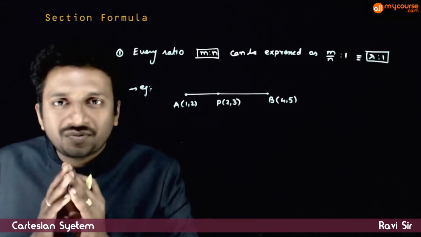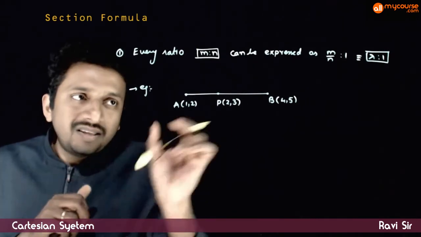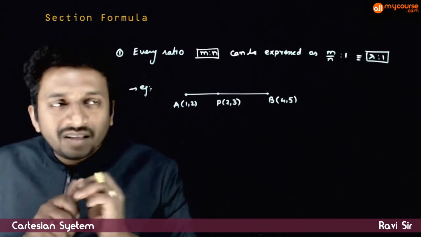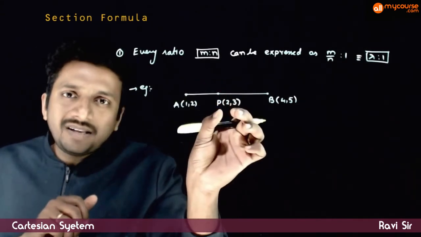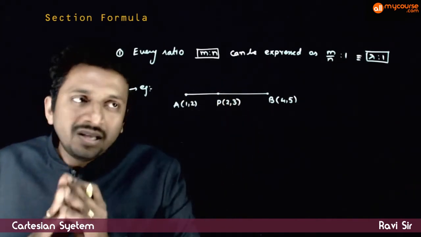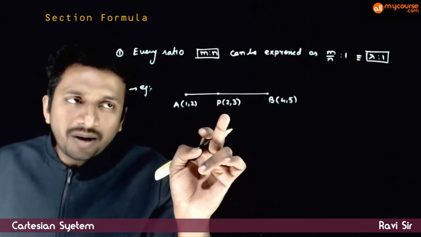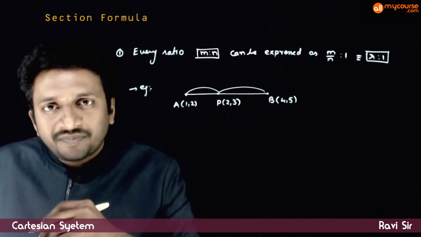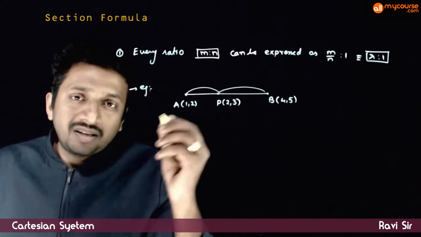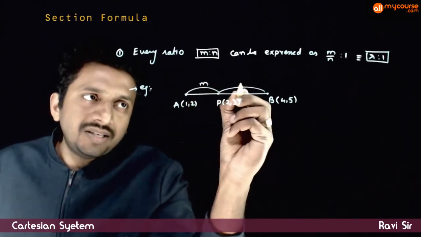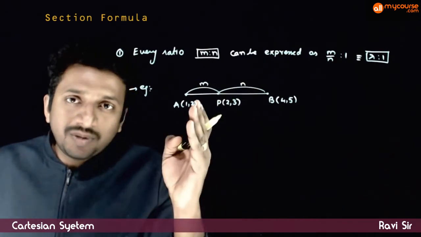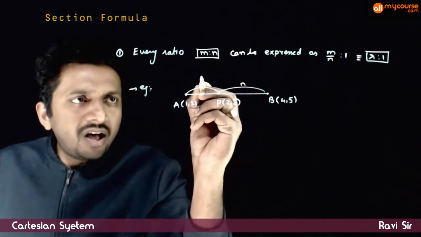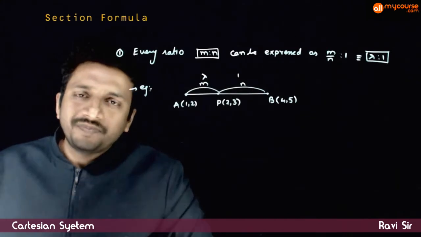This is not a single stage question. So first, the ratio is unknown here. If you know the ratio, you can find the point directly by the formula. Now given the point, you are asked to find the ratio in which this gets divided. So there are two ways. You can assume that the ratio is m:n or lambda is to 1.